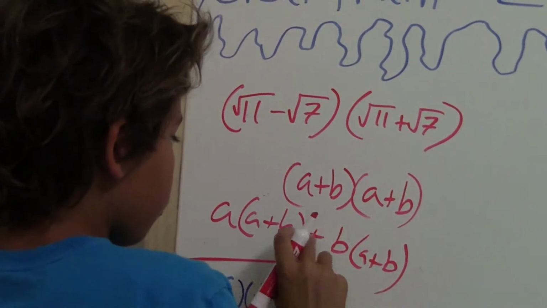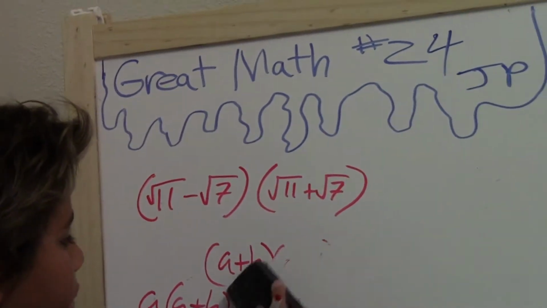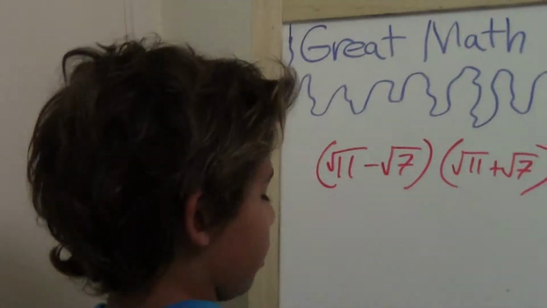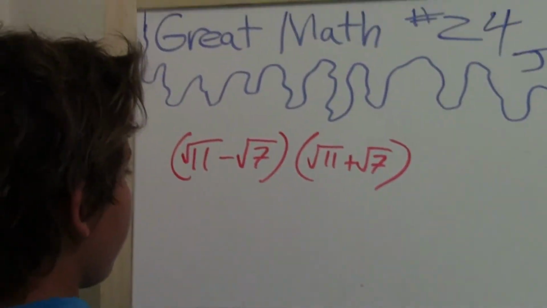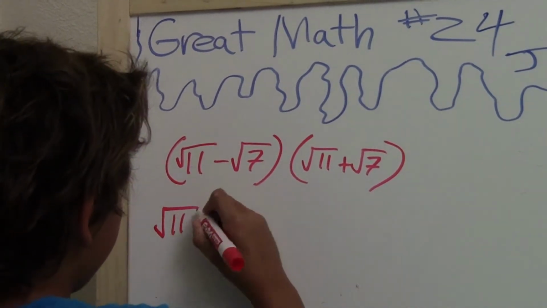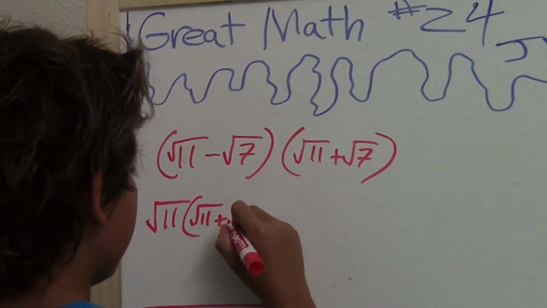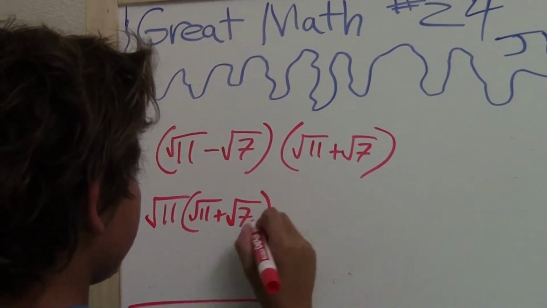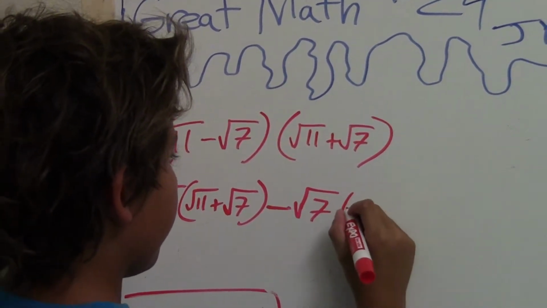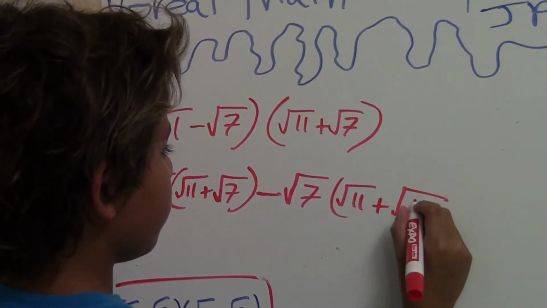Oh yeah, I know. We can put the subtraction in the middle because then we can use the property together. Okay, because it's minus square root of 7 here. So then that would be square root of 11 times square root of 11 plus square root of 7, minus square root of 7 times square root of 11 plus square root of 7.